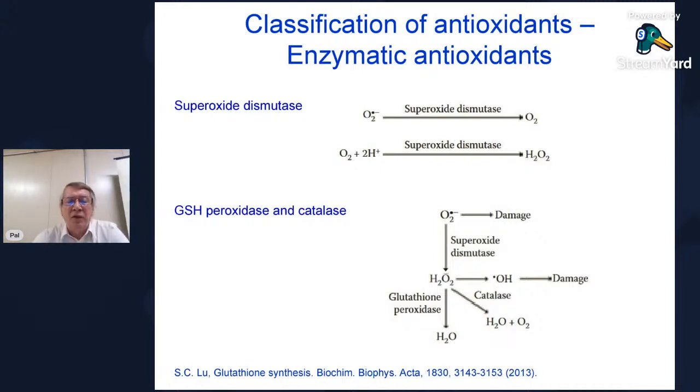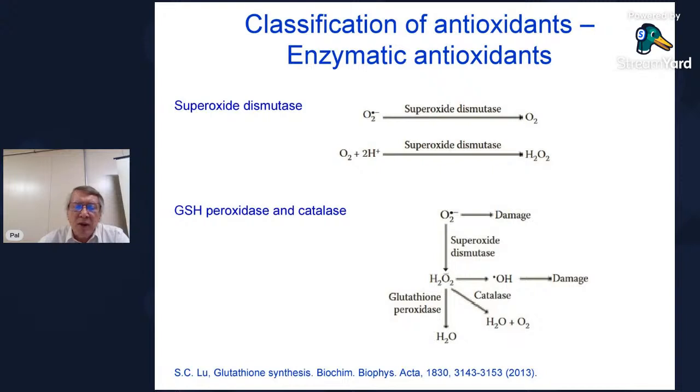Hydrogen peroxide itself is a non-radical oxidant. However, it can easily become a hydroxyl radical, which is, as I mentioned before, the most reactive oxygen-centered radical, by interaction with transition metals, copper and iron ions in particular.